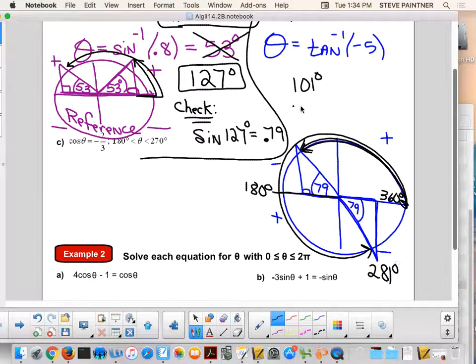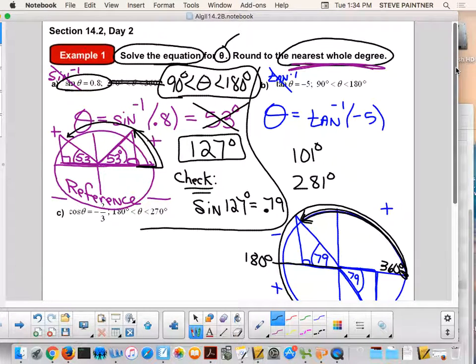Here's my question to you, though. There are 2 answers. Which one did they want? Go up here. Look at your restriction. It says, give me the angle between 90 and 180. They wanted the 101. They actually wanted the angle that the calculator wouldn't give you.